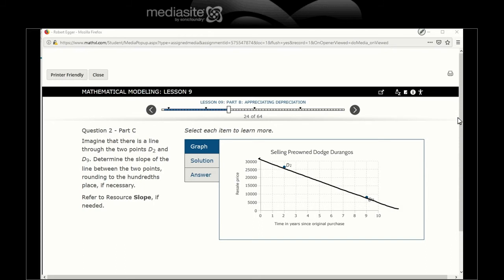Pretty close. Close enough for government work. So slope is basically how fast the line is changing. With a straight line, I'm looking for how y is changing with respect to x.